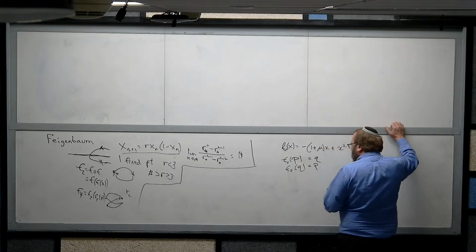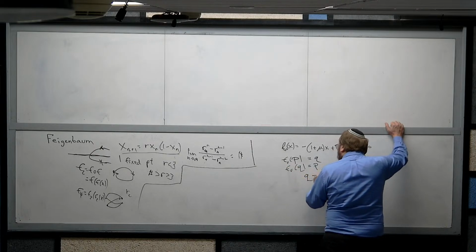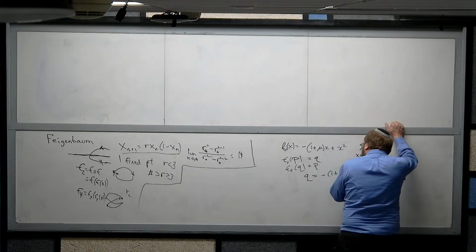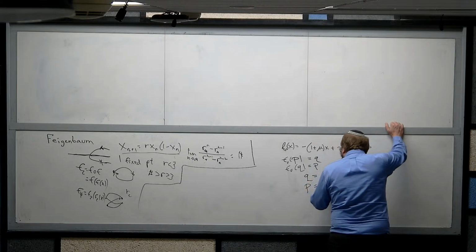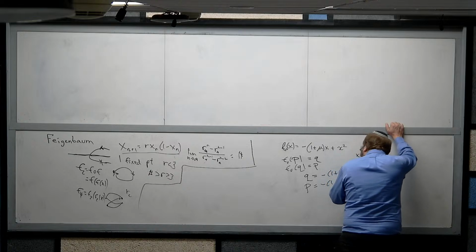So let's write that down. We get that q equals minus (1 plus mu) p plus p squared, and we get that p equals minus (1 plus mu) q plus q squared.